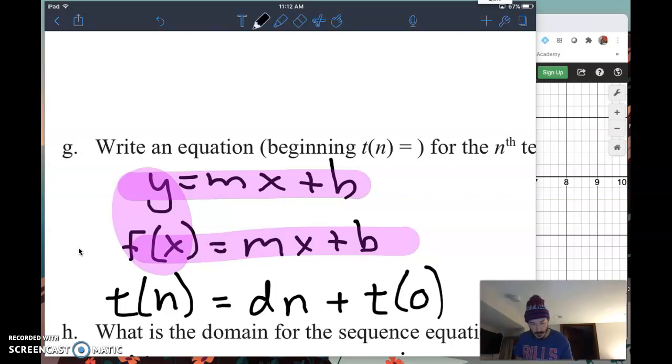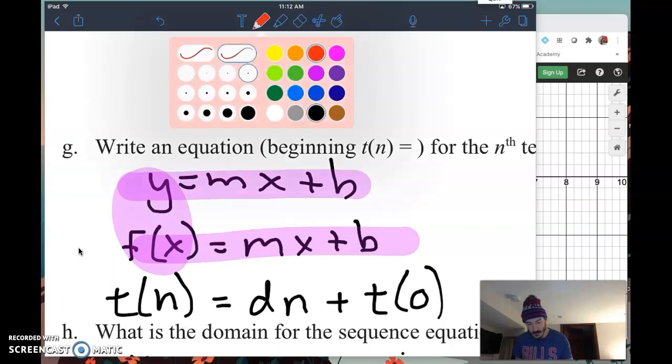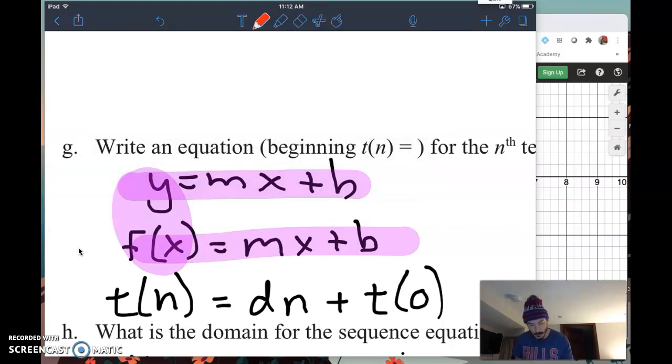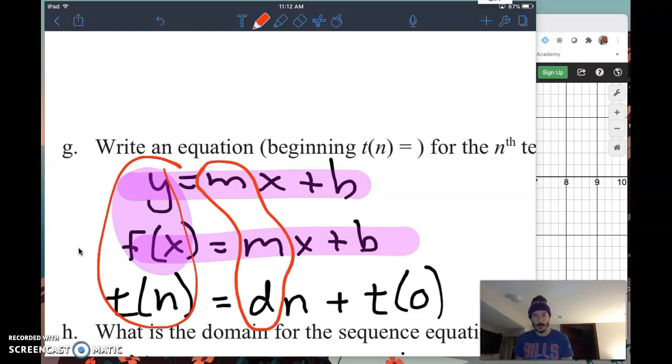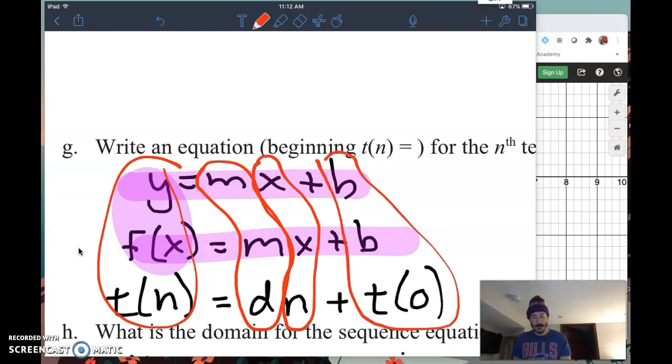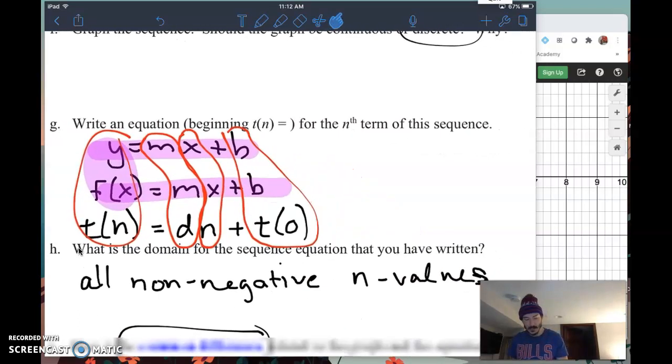This right here, my T of n, that's just my output. That's my dependent variable. This right here, that's just my slope. This is my independent variable. In this case, it's n, not x. And this is just going to be my y-intercept. So it's actually really easy to write, and super doable here.